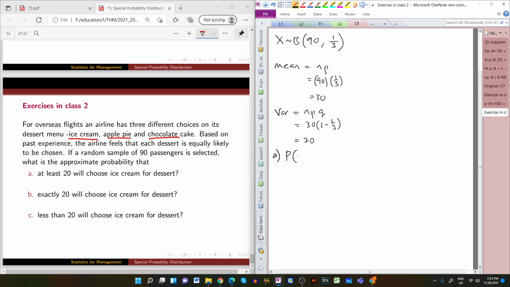For A, at least, greater or equal to 20 by continuity correction. Now do as normal.